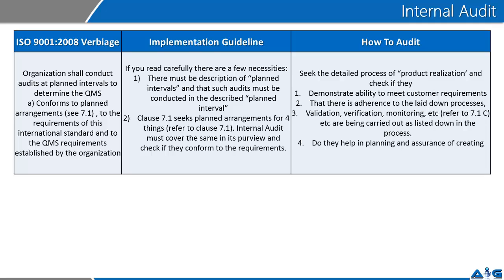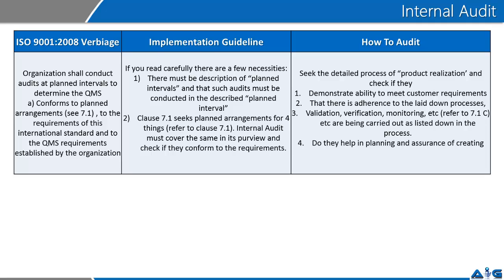Second part of it was saying that it conforms to planned arrangements, etc. So ensure that you look at clause 7.1. Clause 7.1 seeks planned arrangements for 4 things. Please read through that. Internal audits must cover the same in their purview and check if they conform to the requirements. ISO 9001 clause number 7.1 has certain essential elements. You must ensure that as a part of your internal audit you cover those.